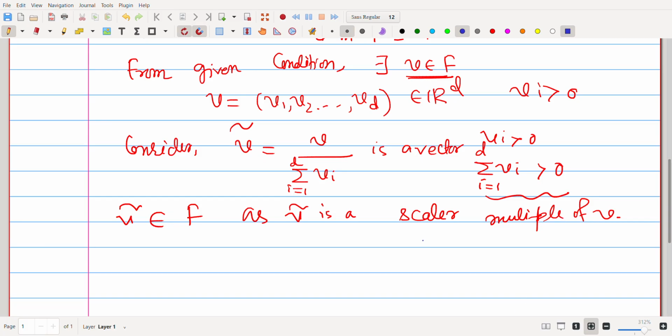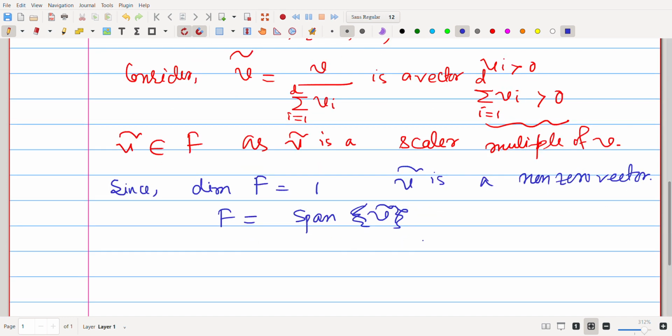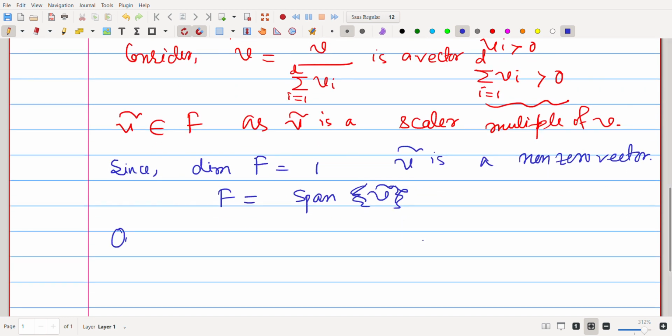And since the dimension of F is 1 and V tilde is a non-zero vector, F is the span of this V tilde. So our claim is proved.